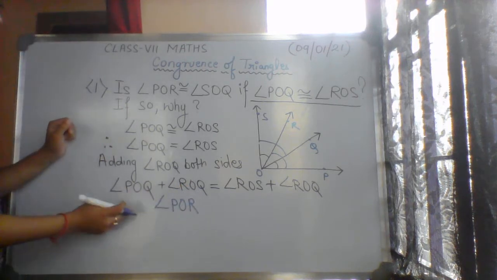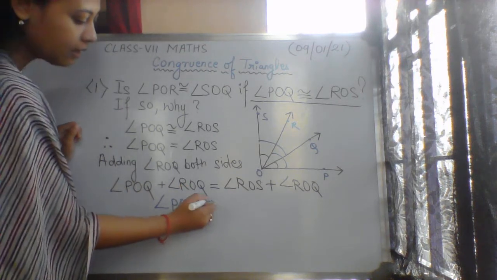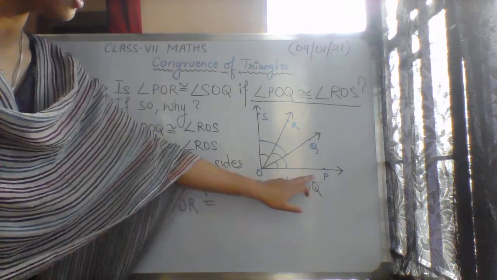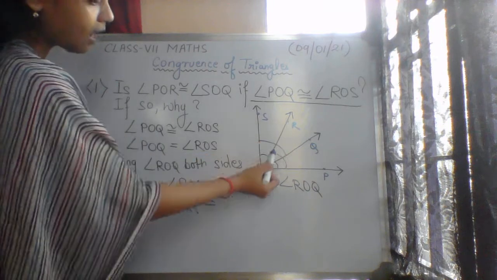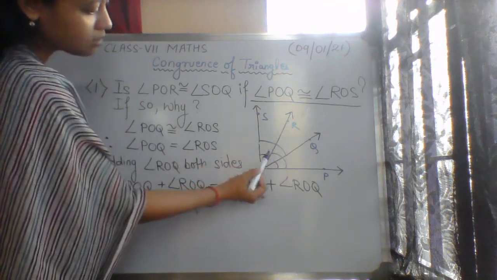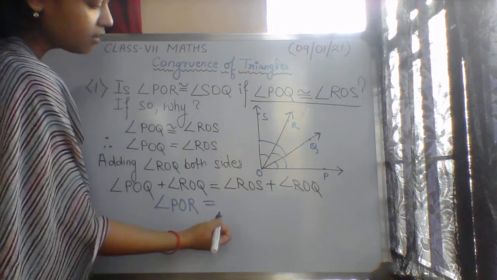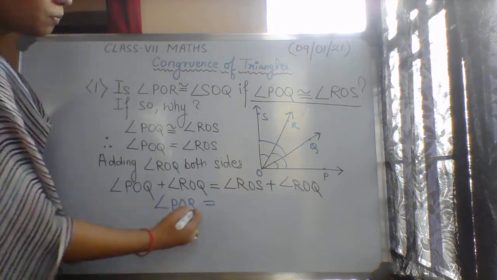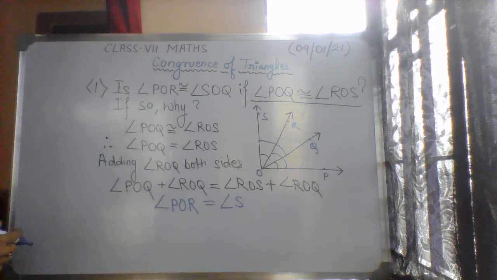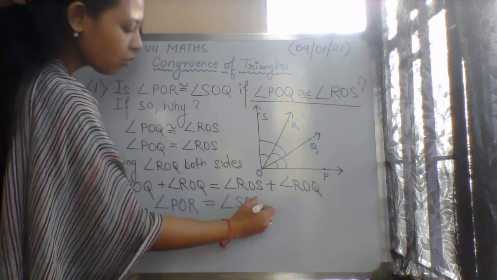So after addition, we are getting angle POR equal to, now, angle ROS plus angle ROQ. Angle ROS, this angle, plus angle ROQ, this angle. So you will be getting this complete angle, that is SOQ. All of you see by yourself, are you getting SOQ or not? SOQ.